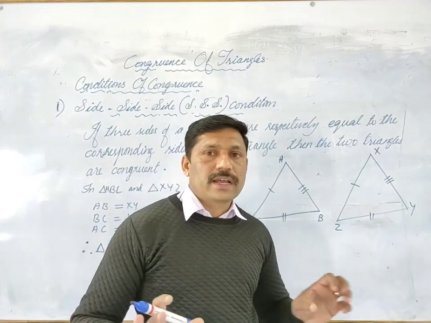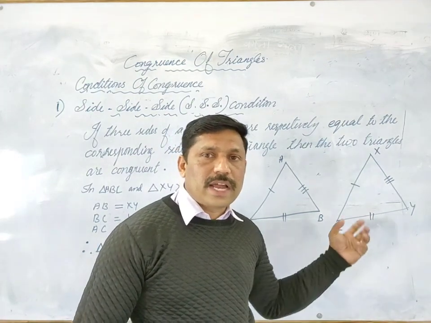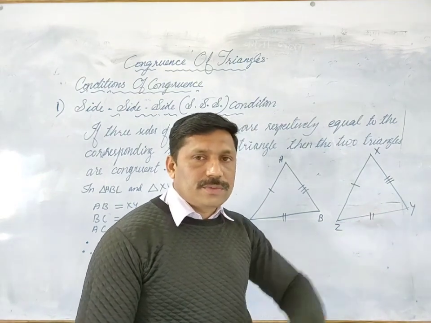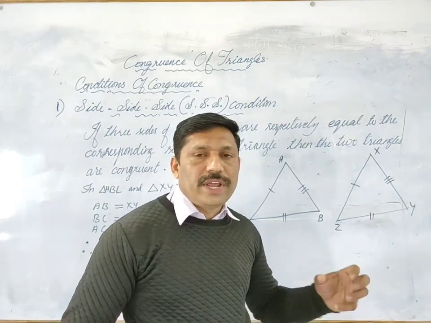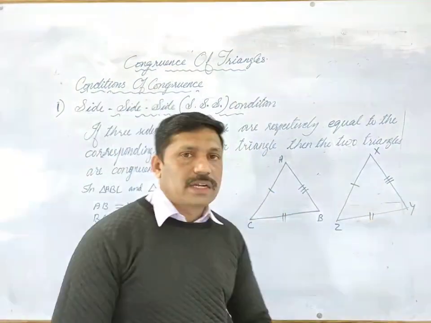That means their corresponding sides are equal. So in this way, if three sides of one triangle are correspondingly equal to the three sides of the other triangle, then we can say that these two triangles are congruent.